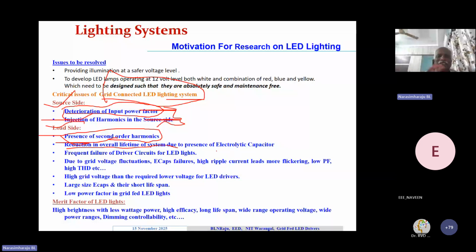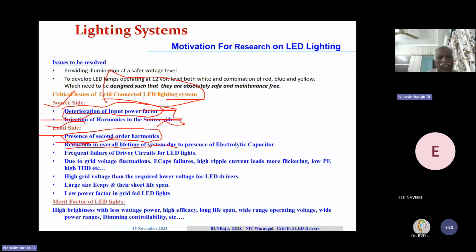Again, these are very lossy and large size elements, which make the system more bulky, and moreover a poor quality power driver. So that is why we see this frequent failure of these LED drivers and LED lights. This is mostly because of the failure of the components inside the power circuit.